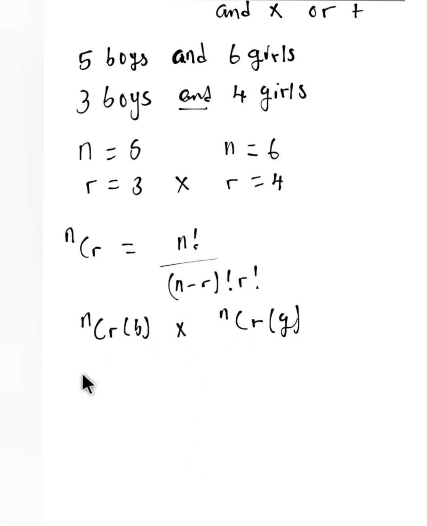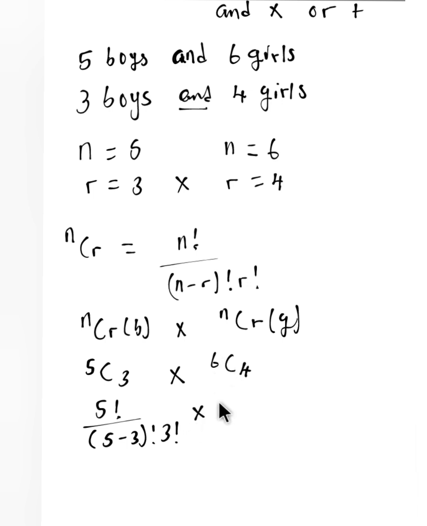For boys, it is 5 combination 3, by that of girls, which is 6 combination 4. If we simplify this expression, it's going to be 5 factorial all over 5 minus 3 factorial times 3 factorial, times, that of girls, 6 factorial all over 6 minus 4 factorial times 4 factorial.